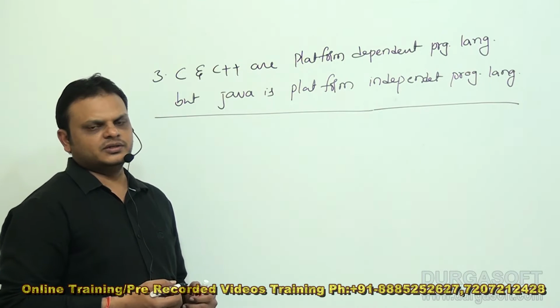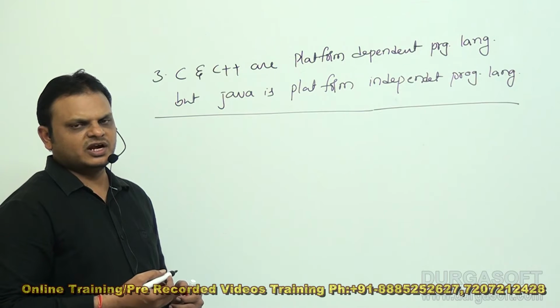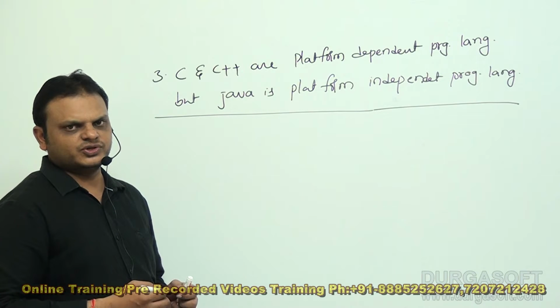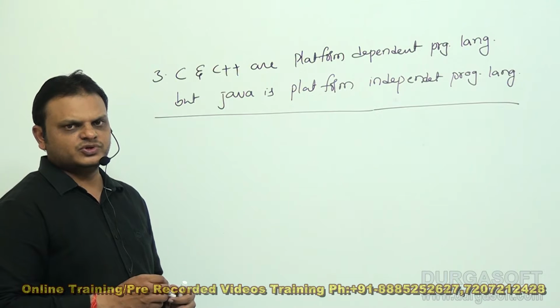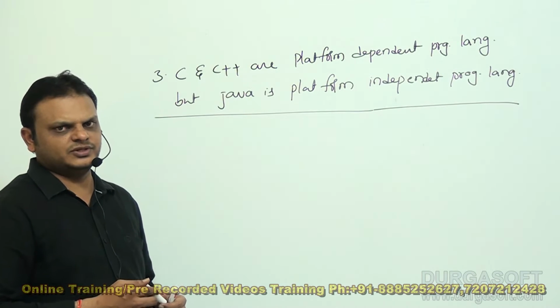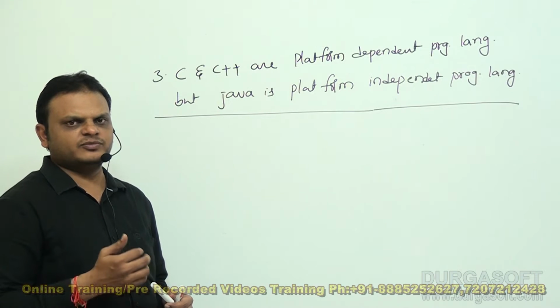Before understanding C and C++ platform dependent and Java platform independent, first we have to understand when we are able to say one programming language is platform dependent, and when we are able to say one programming language is platform independent.